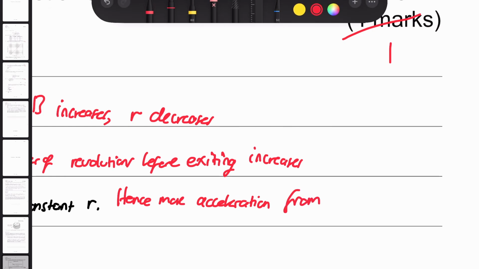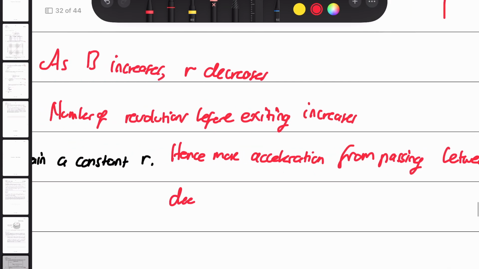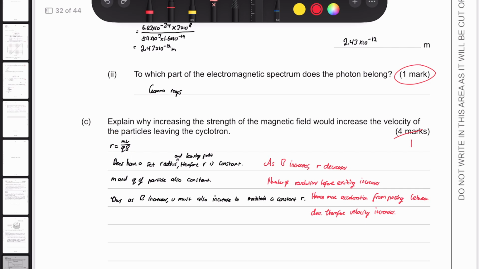Therefore, velocity increases. So I only got 1 mark for stating this.